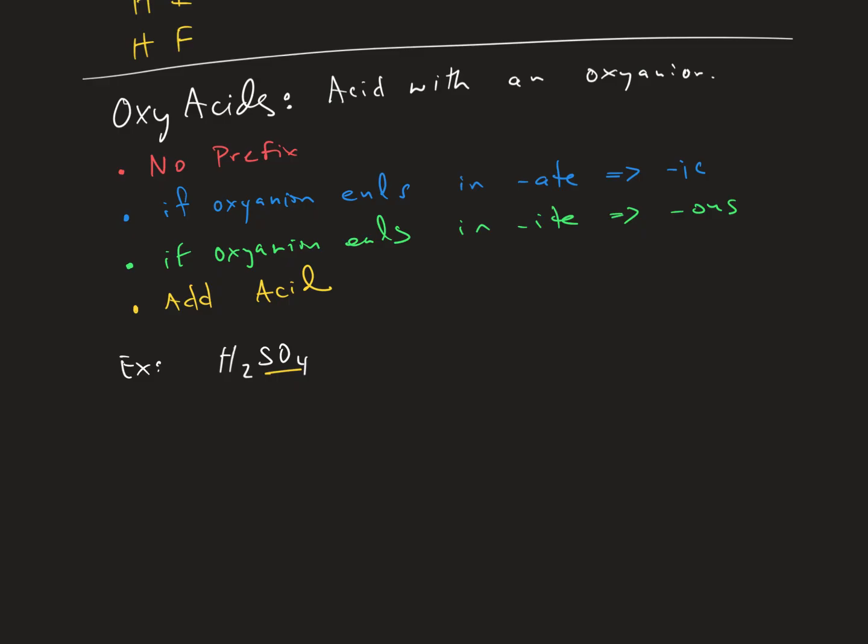Okay, good. So what is SO4 2 minus called? Sulfate. Good. So it ends in ATE. That means the acid, we're going to change the ending to IC. So we're going to change ate to ic. That's it. So what are we going to call this? Sulfuric acid.